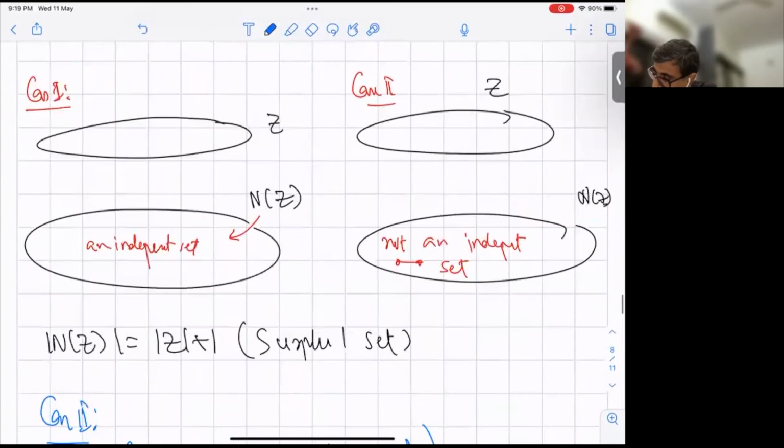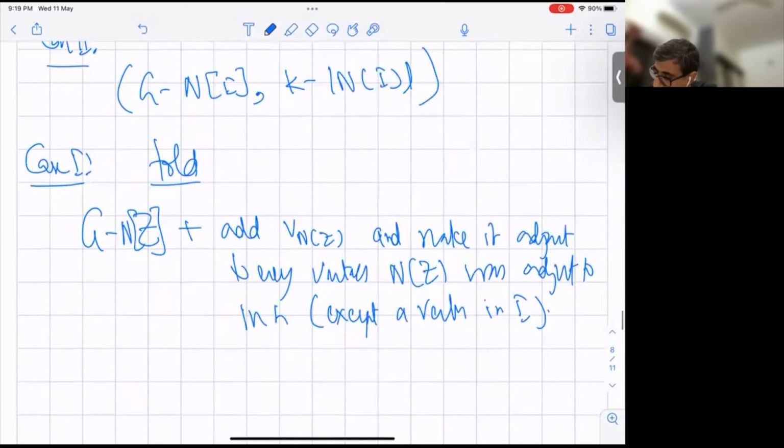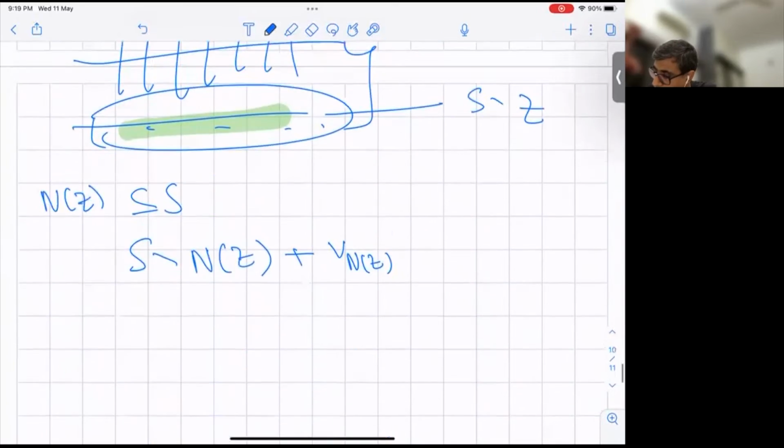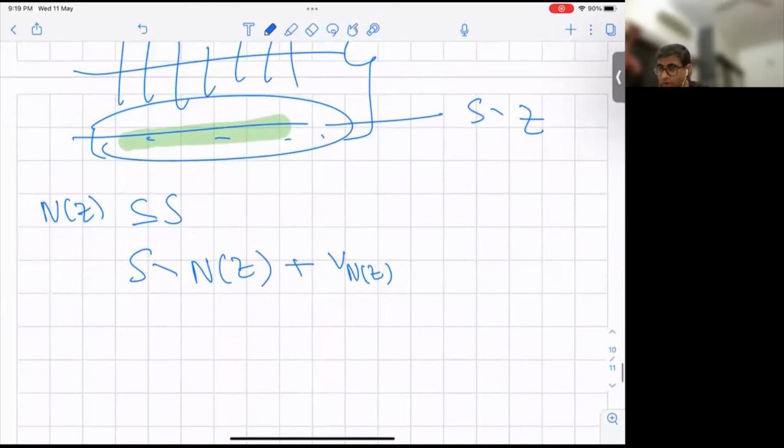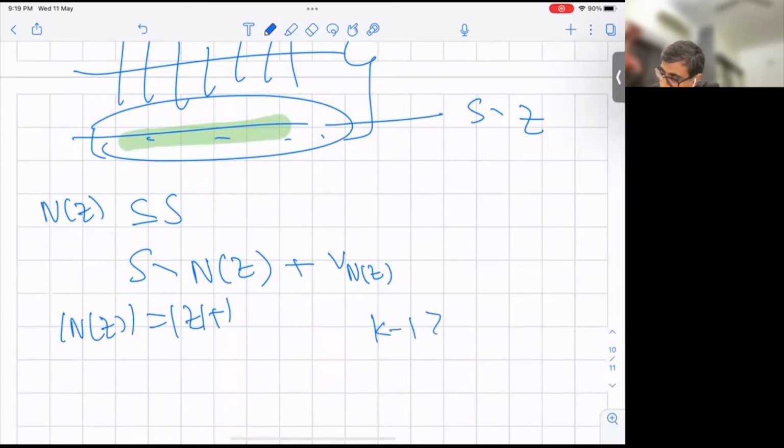Yeah, we call it V of N of Z. Now, what is its size? We know that the neighborhood of Z is equal to mod Z plus 1. So you deleted mod Z plus 1 and added one extra vertex. So that takes care of the fact that the size is K minus Z.